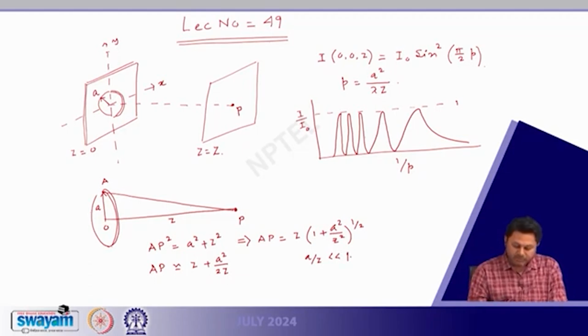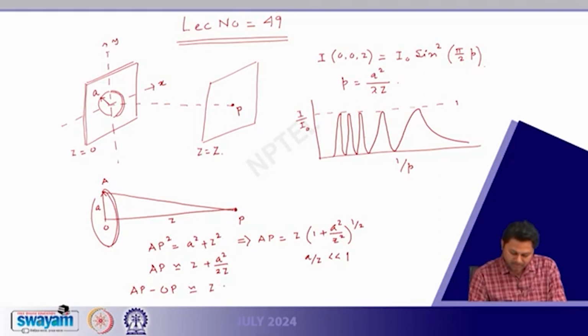Now, if I want to find the path difference between AP and OP, then AP minus OP is nearly equal to Z plus A square by 2Z minus Z, which is essentially A square divided by 2Z.